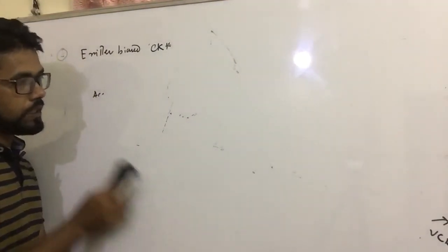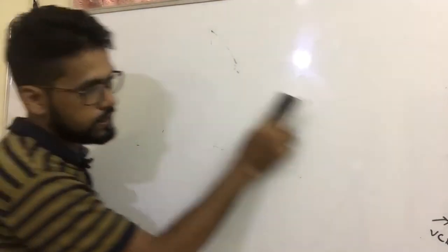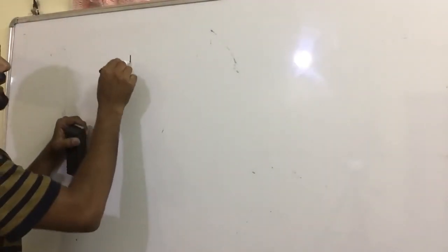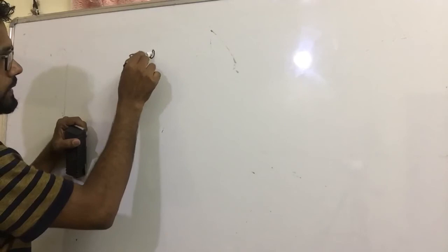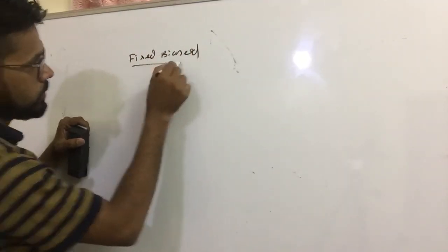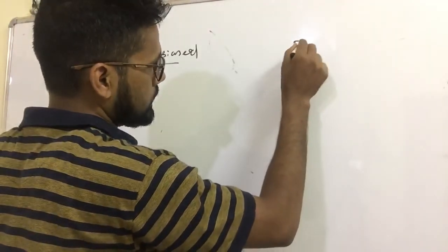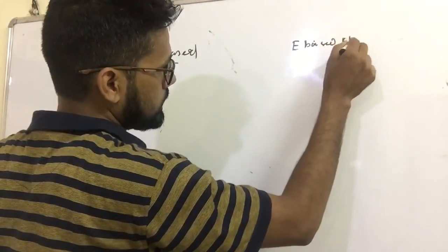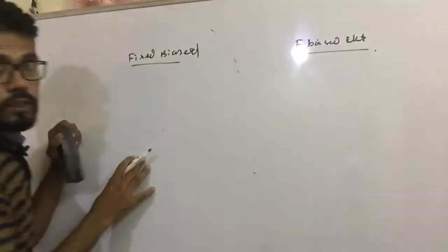So finally, I am writing a summary of the calculation here. Summary of the calculation in fixed bias circuit and emitter bias circuit. What do you see in the comparison?